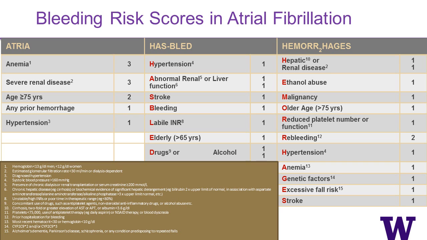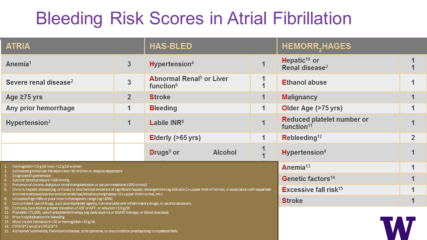There have been a number of bleeding risk scoring systems or risk stratification schemes. These are 3 of them: ATRIA, HAS-BLED, and HEMORR2HAGES. You can see all the various components of the scoring system. They include things like renal or hepatic disease, alcohol abuse, age, high blood pressure, and a lot of these things are actually things that also increase risk for thromboembolism.